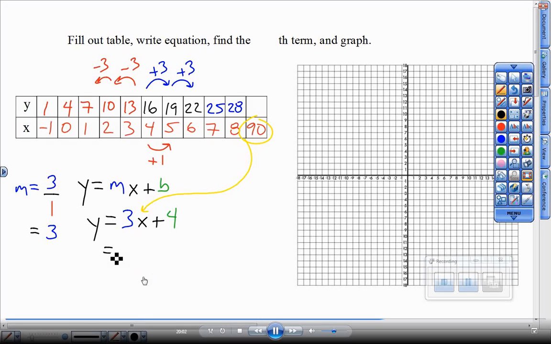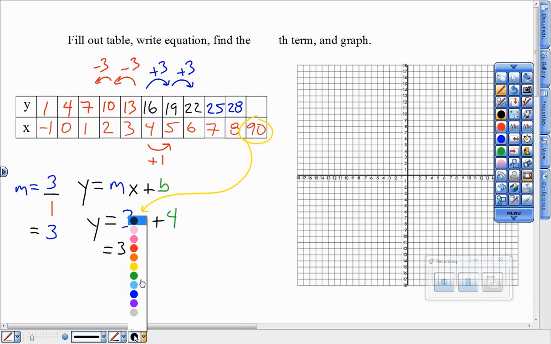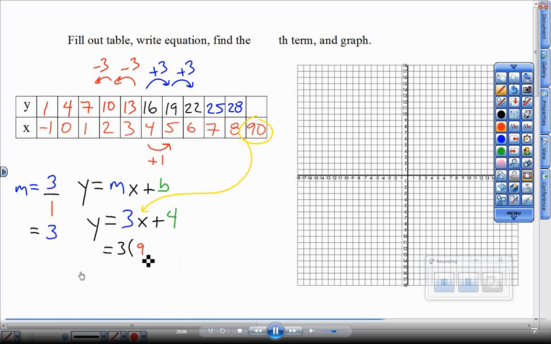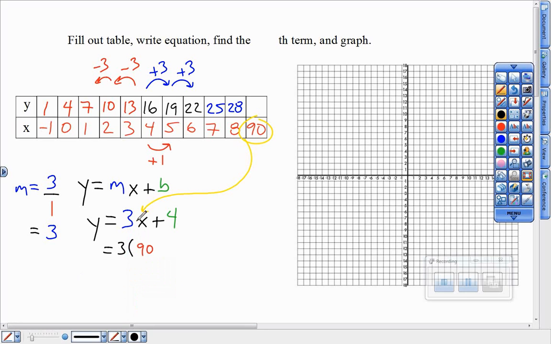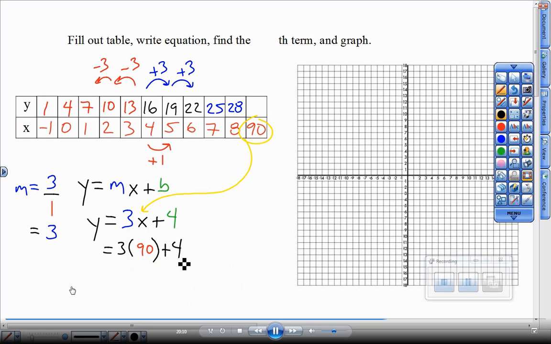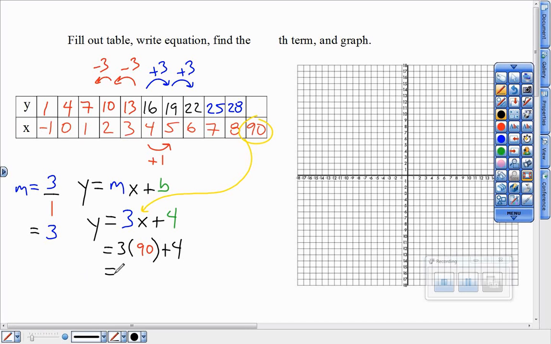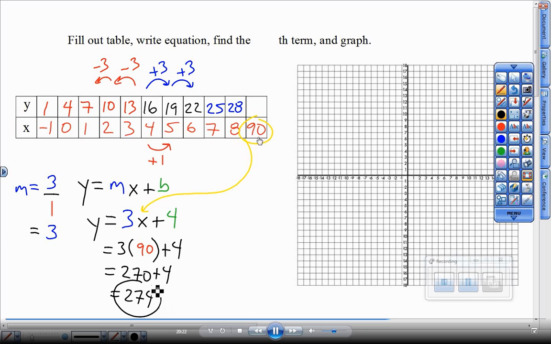So that would be 3 times 90 plus that 4. Gives me 270 plus 4, which is 274. Make sure you put that in this box.